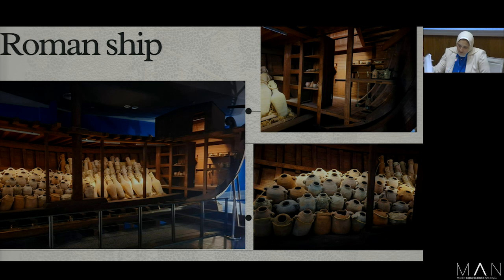Second, I'm going to talk now about the fourth example with us, the Roman ship. The Roman ship is on the second floor of our museum. Alexandria has played a particular role in Mediterranean trade ever since the city was founded in 332 BC by Alexander the Great.